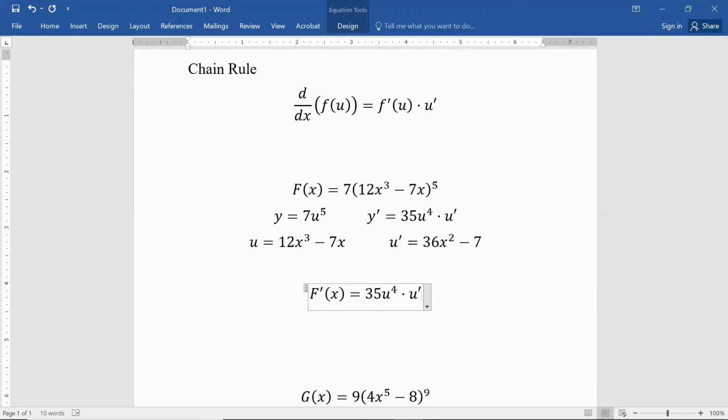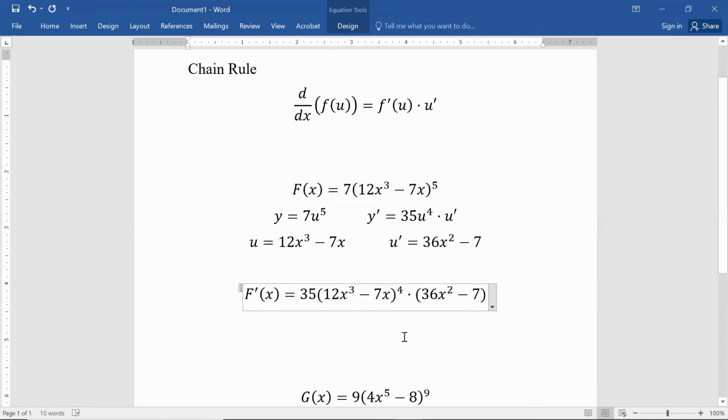And we've just seen that my u here is this 12x to the 3rd minus 7x. So I can replace that u with a 12x to the 3rd minus 7x. And I can replace this u prime with a 36x squared minus 7.